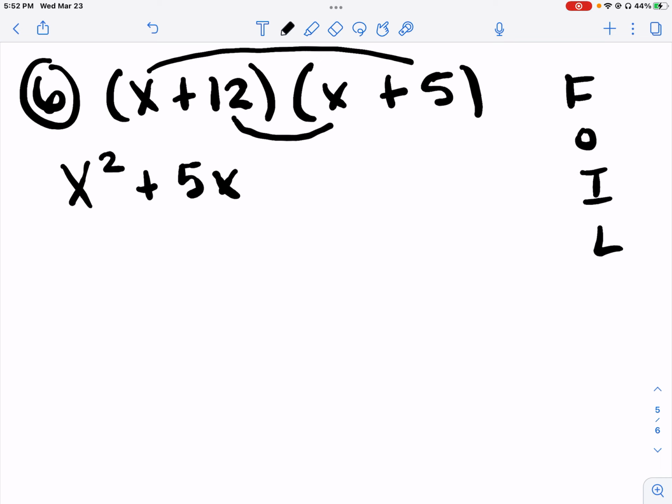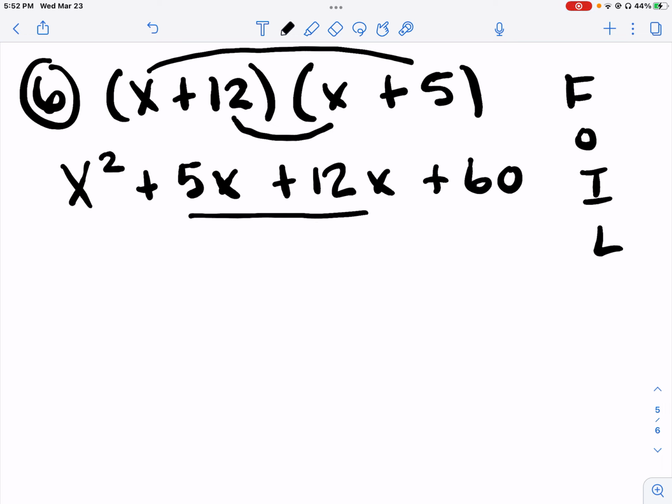Inside, 12 times x. Last, 12 times 5. The O and the I are almost always like terms. Okay, now remember we're adding like terms here. We're not multiplying anymore. 5x's plus 12x's are 17x's.